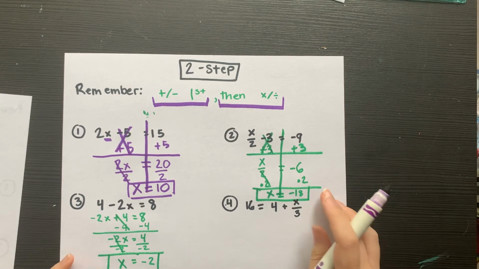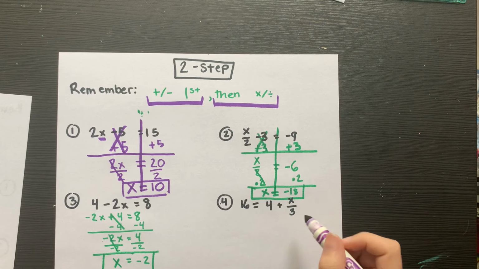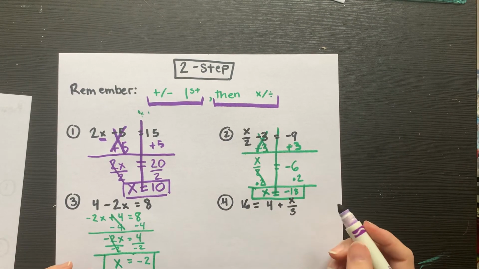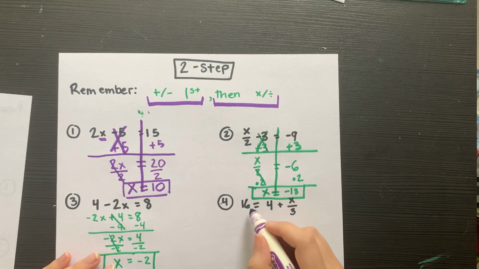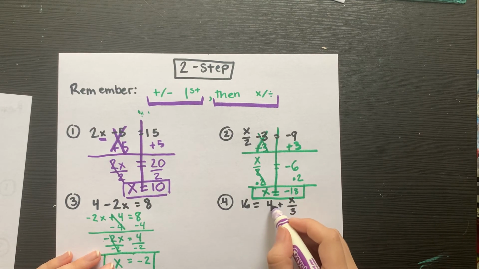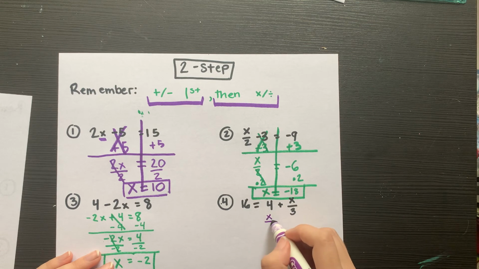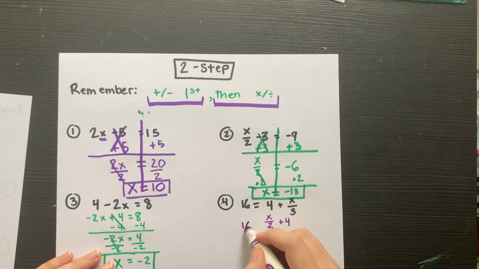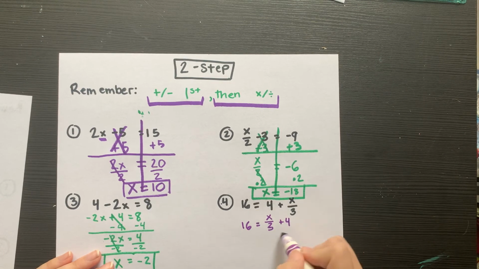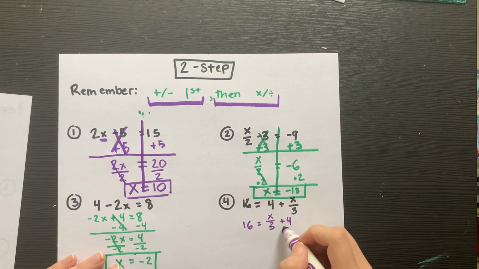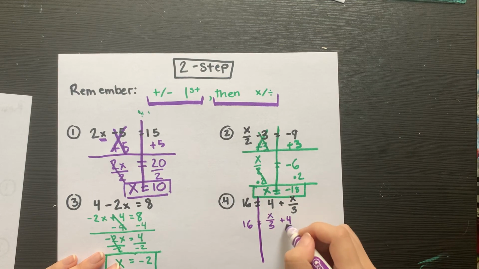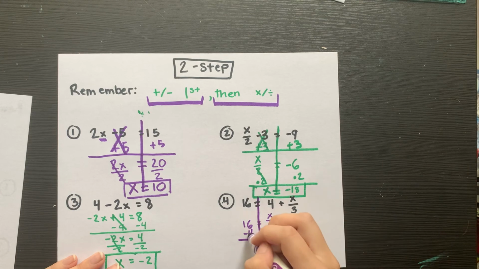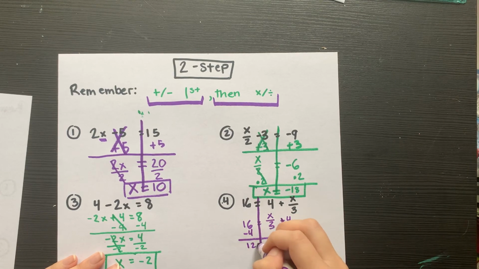And for our last one, this one I made a little different. I put all the x's over here. It doesn't matter. So if we look here, we've got 4. So I'm going to do my switching. X over 3 plus 4. They're the same thing. Bring that down. Okay, so I rewrote it so the x is first. So this time, plus 4, so minus 4 would be our first step. 16 minus 4 is 12.